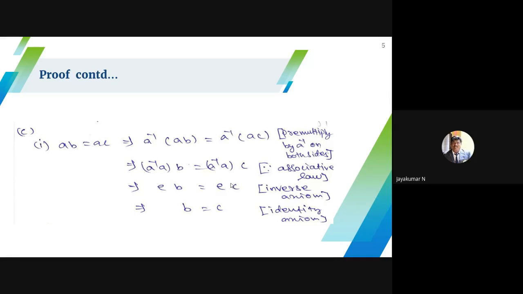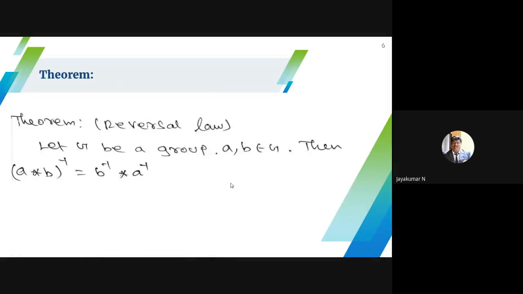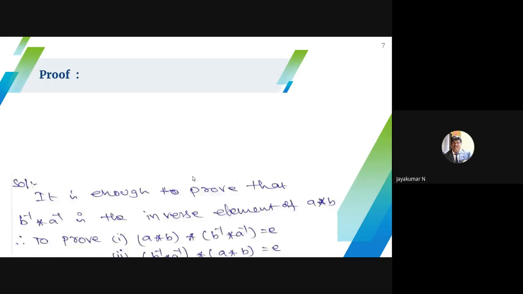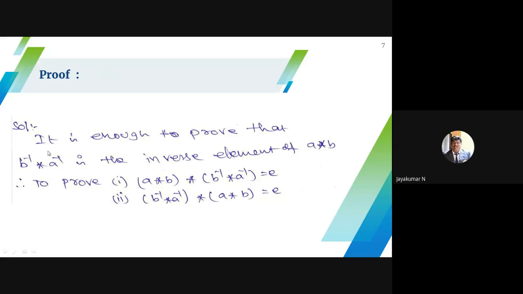Then the next one, the reversal law. This is also something you already studied in plus 2 itself. Let G be a group, a, b belong to G, then (a star b) whole inverse equals b inverse star a inverse. This you already studied in school. First line only I will explain.